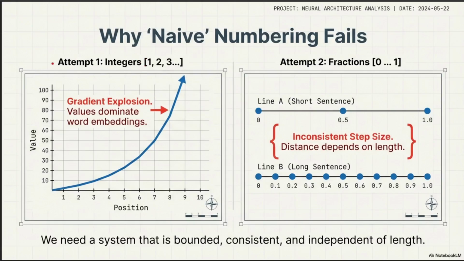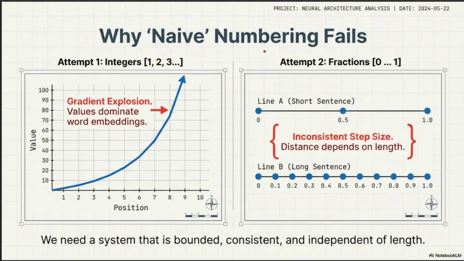If we try using integers 1, 2, 3, etc., the problem here would be gradient explosion. As you get to position 100 or 1000 or 1 million, the values become very massive. These huge numbers dominate the word embeddings, effectively washing out the meaning of the word.